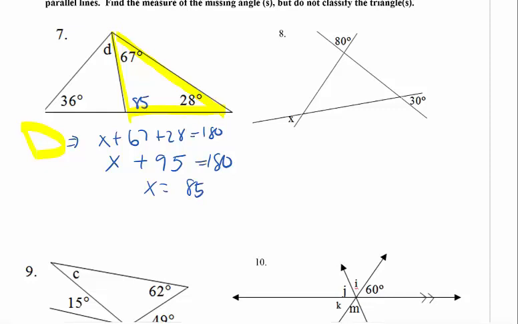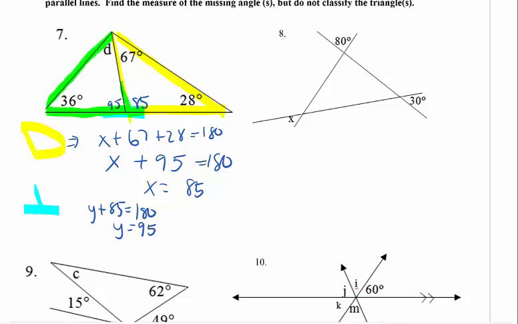Now I can use a straight angle here to get that other angle, and I'm going to call that one y now. So y plus 85 equals 180. So y, when I subtract the 85, will give me 95. And lastly, now I have this triangle.